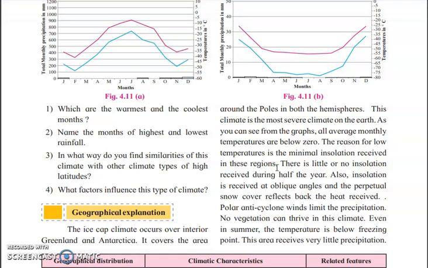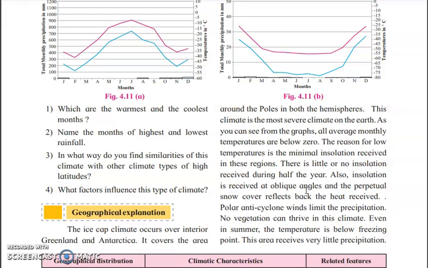As I said, when the sun rays are falling on the earth, the maximum amount of sun rays fall on the equator and it gradually decreases as it moves towards the poles, at both the poles. So because of that, very little sunlight is received at the poles. There is no insolation during half of the year.